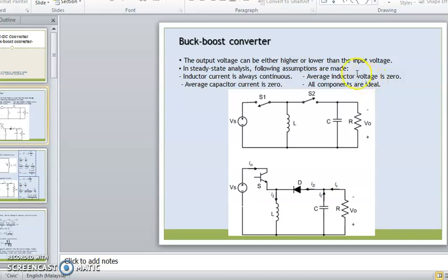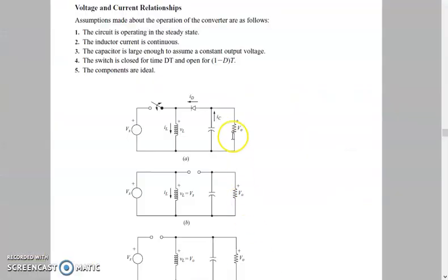Average inductor voltage is 0, average capacitor current is 0, and all other components are assumed ideal. These are the assumptions made if you refer to the books. So the converter operates in steady state, inductor current is continuous, and the net amount of up and down is 0.